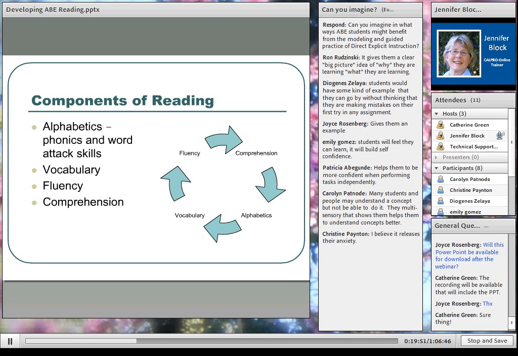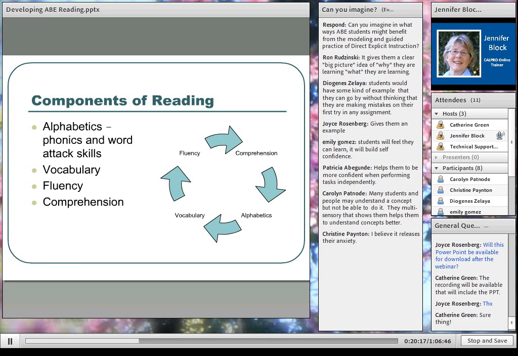This is something that you need to do assessment with to figure out which of your students really need this kind of direct instruction. Many will, some will not. But certainly an adult student is not going to acquire word attack skills without direct instruction.